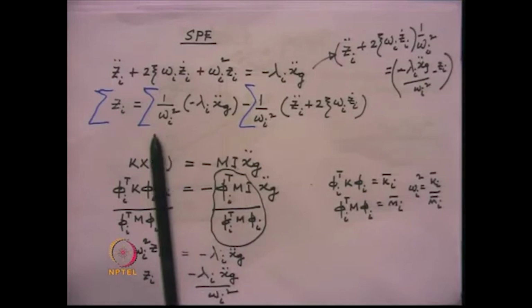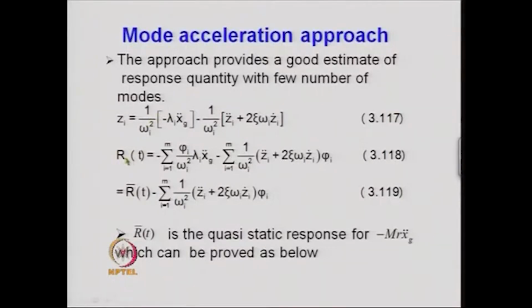That is what is shown over here: in the mode acceleration approach, we write down the response as phi I, the mode shape coefficient in the ith mode, times lambda I x double dot g divided by omega I square. So, this constitutes what is known as the contribution to the quasi-static response, and this is the contribution to the dynamic response.